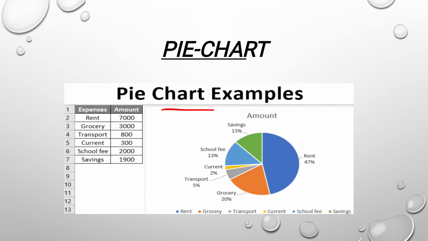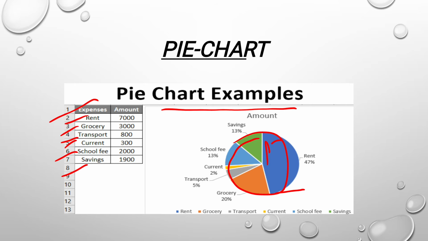Next, there is one example given for that. Here we have different kinds of expenses: rent, grocery, transport, current, school fee and our savings. Combined, this is the whole thing and we divide it into sections. This is the rent section, this is the savings, this is the school.